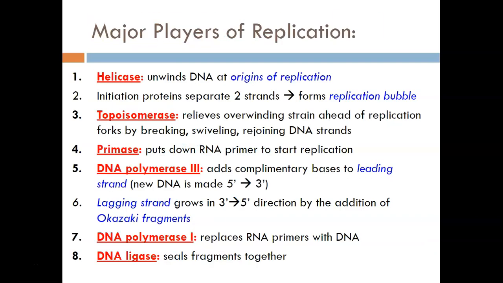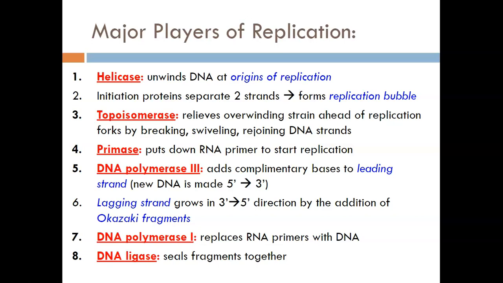In terms of the major players, up first we have helicase, an enzyme whose job is to break the helix. You'll notice that all of these end in -ase, so they are all enzymes. The helicase is the one that breaks the helix.